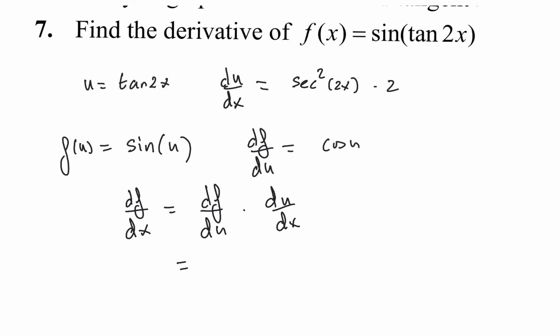So it will be cosine of tangent of 2x, multiplied by the derivative of u with respect to x, multiplied by secant squared of 2x multiplied by 2. And this is the final result.